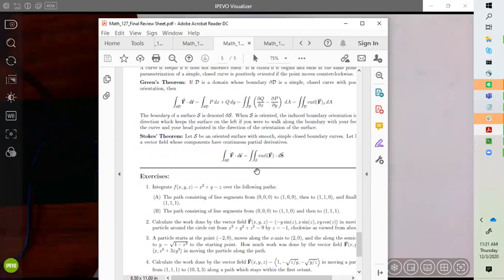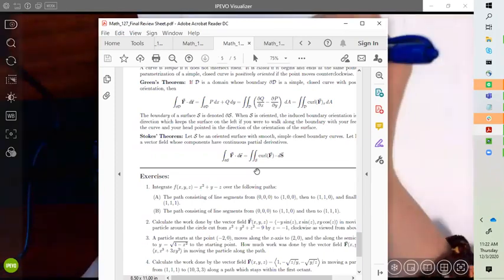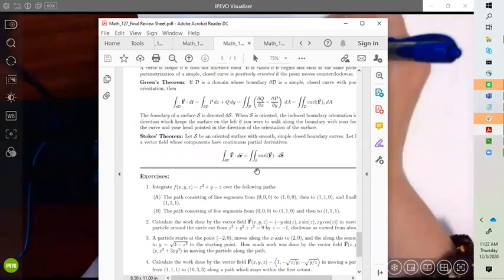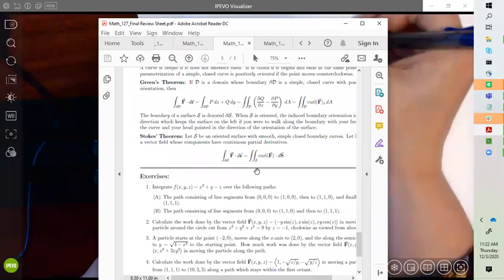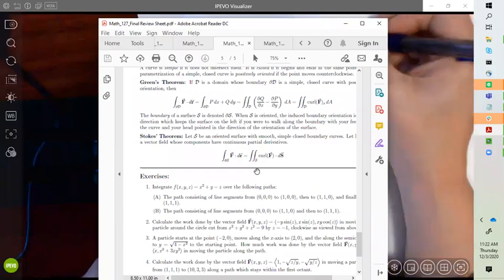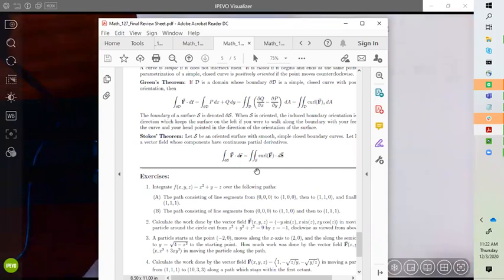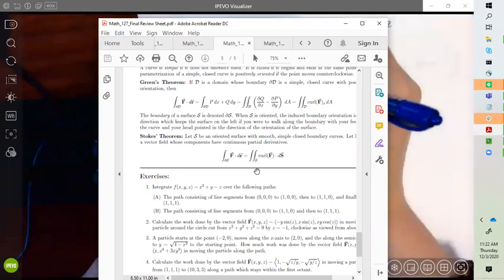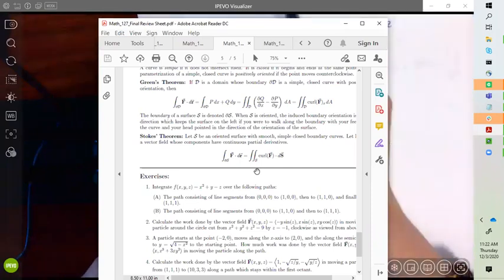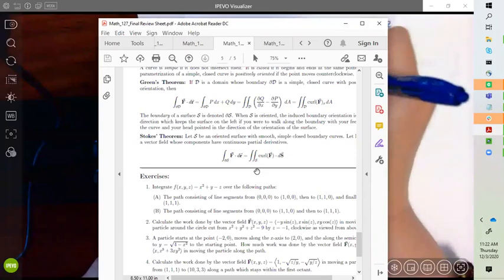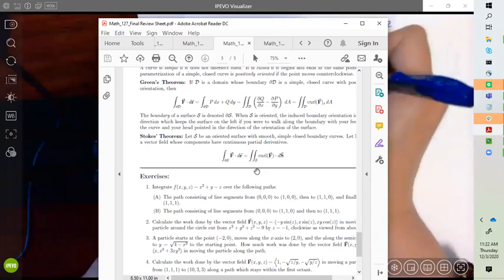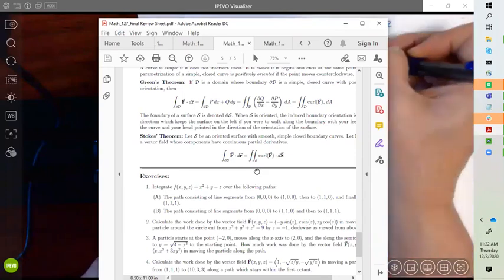The question is saying the scalar function f of x, y and z, the output is just 1. And then there are paths that start from 0, 0, 0 to 1, 0, 0.